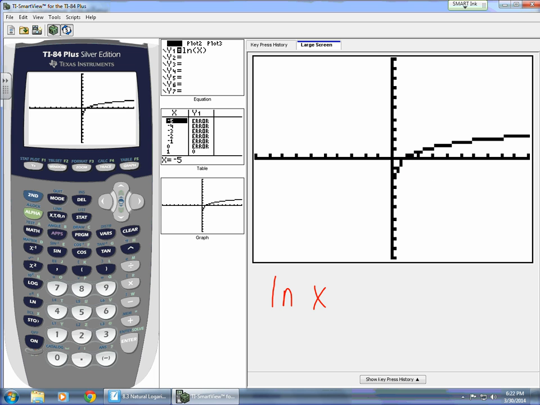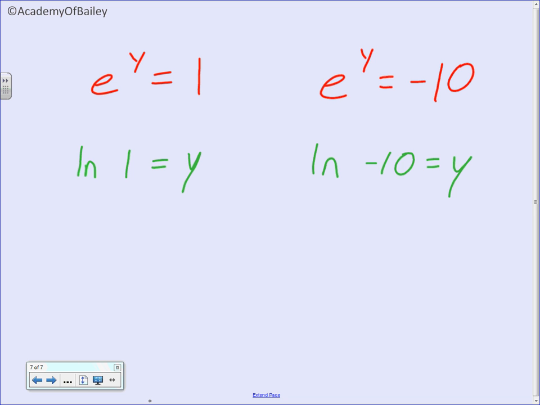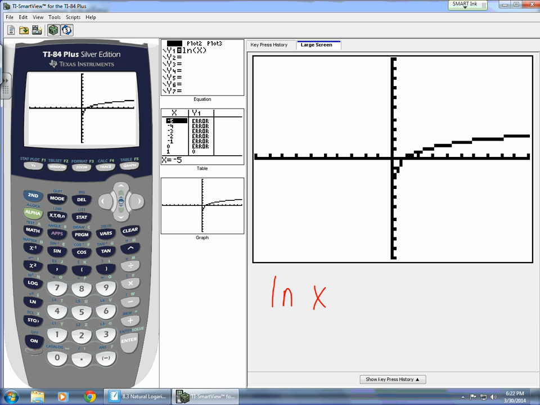Now what about the other one? We had the natural log of negative 10. And so if we try to imagine natural log of negative 10, well, the graph is going here, so use what you know about asymptotes.